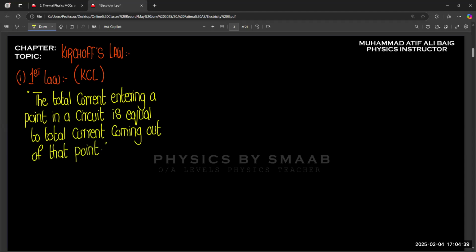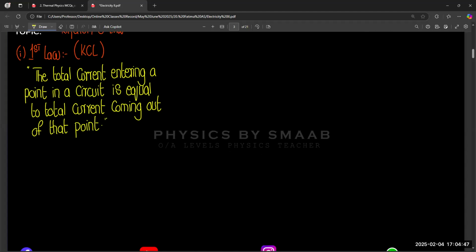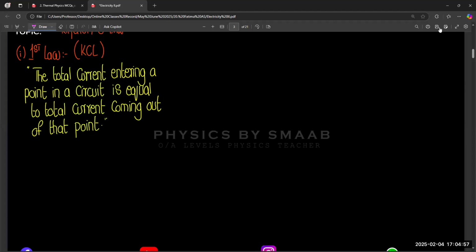So let's suppose we consider any specific point, and that point works like a junction. It means different flows of electric current are connected and passing through one specific point. For example, we have multiple directions given, like one coming from the left-hand side, one from the top, at a random angle.